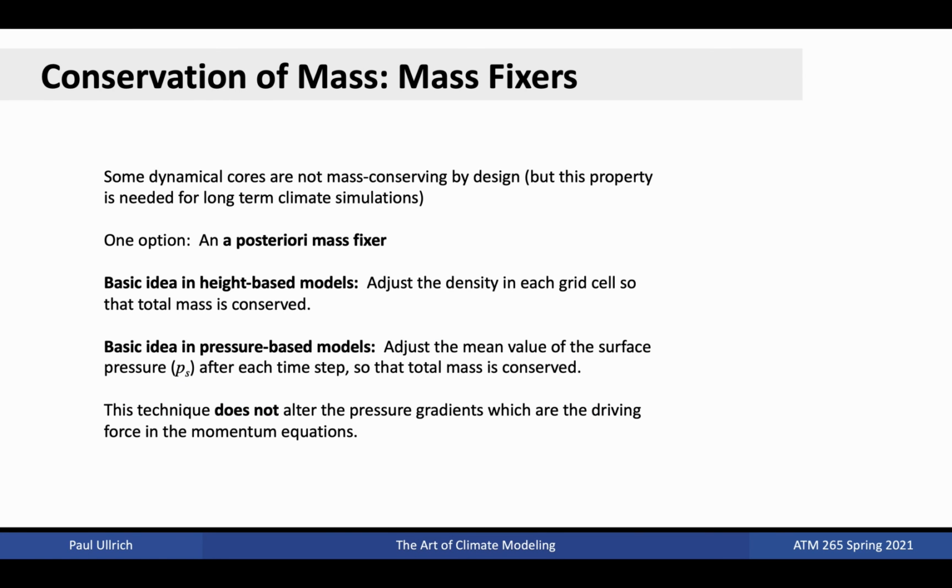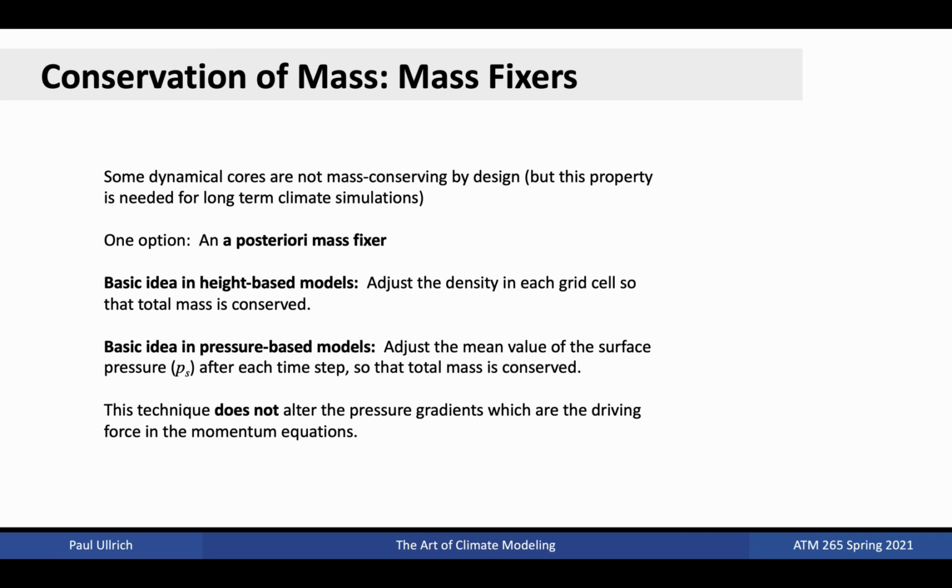As discussed in the context of finite difference methods, not all dynamical cores inherently conserve mass. Over long integrations, this can lead to a substantial loss of atmospheric mass, transforming the planet into something more akin to Mars than Earth. As a consequence, these models sometimes employ a posteriori mass fixers to compensate for the loss of mass.